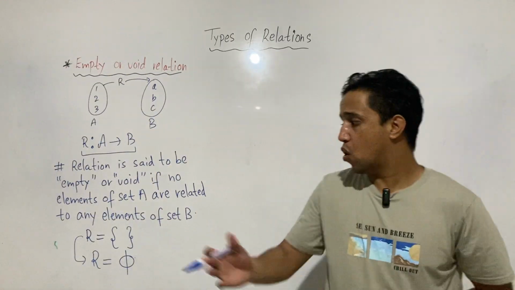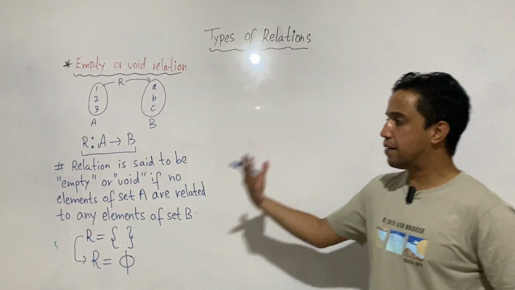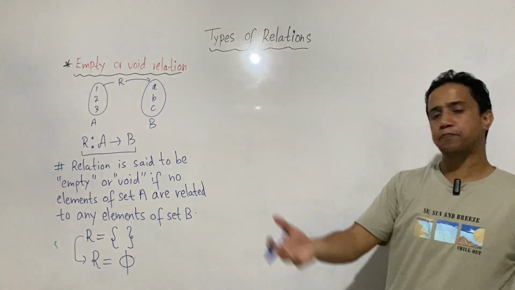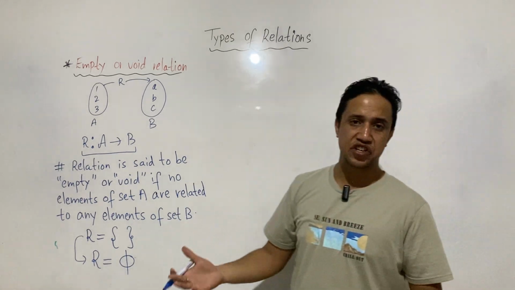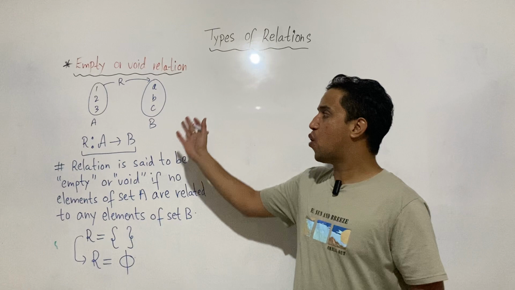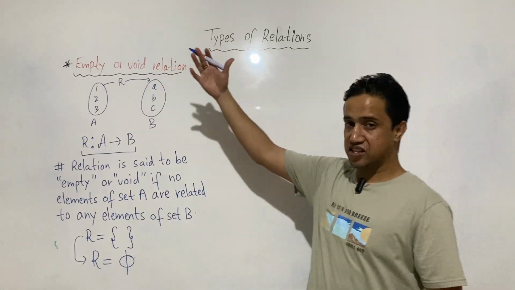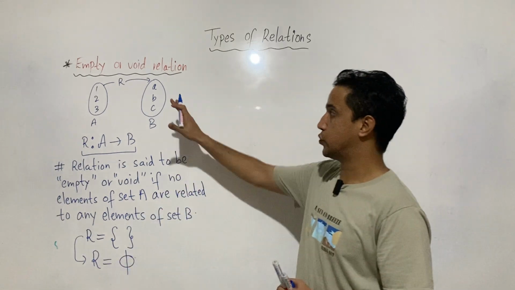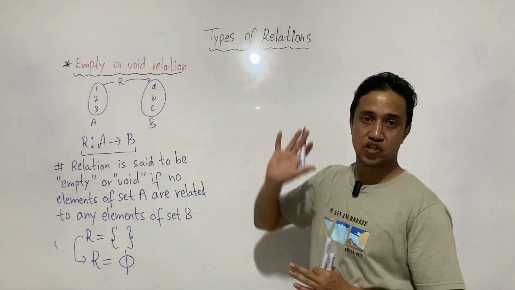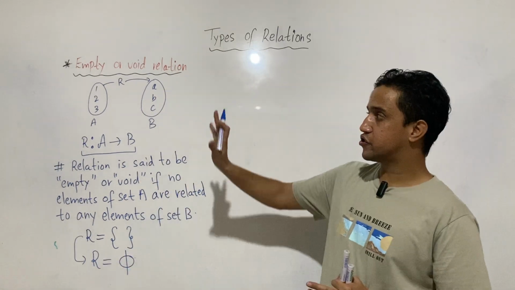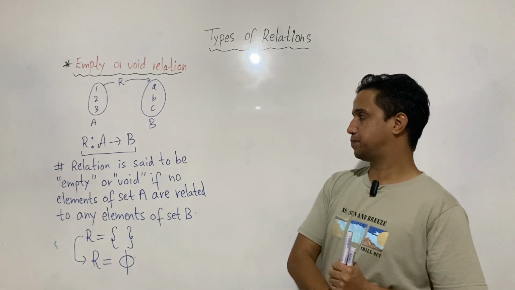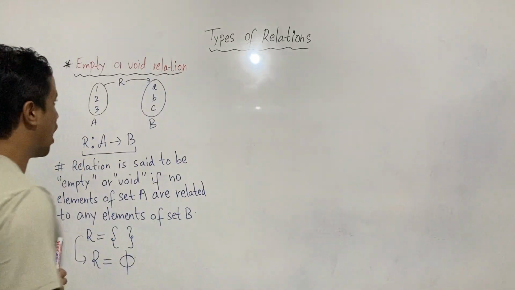As the name says, there is no relation: no element of set A is related to any element of set B. Quite simple.